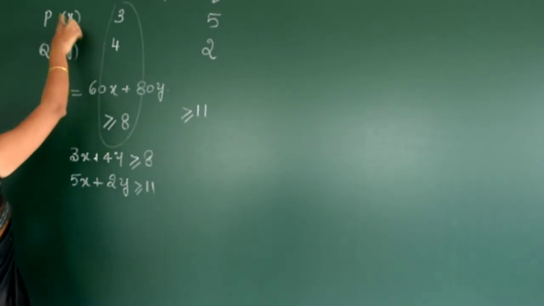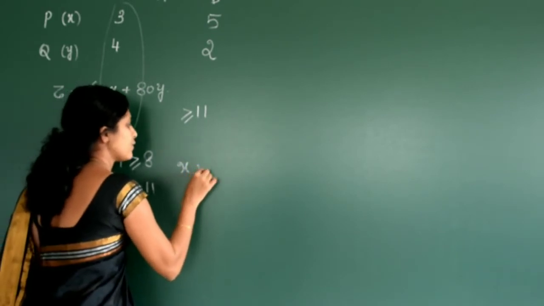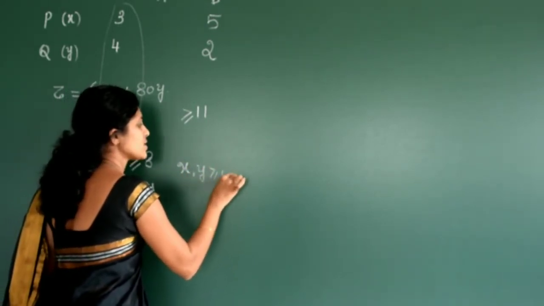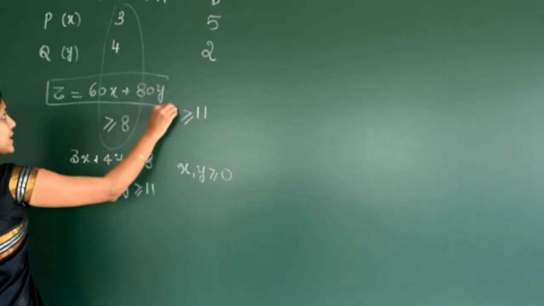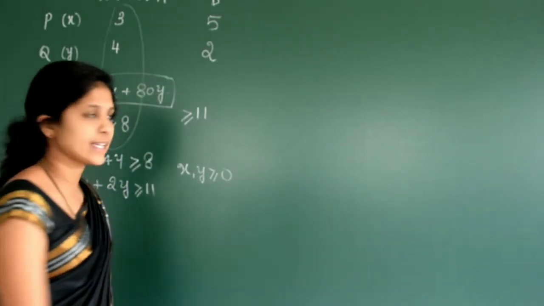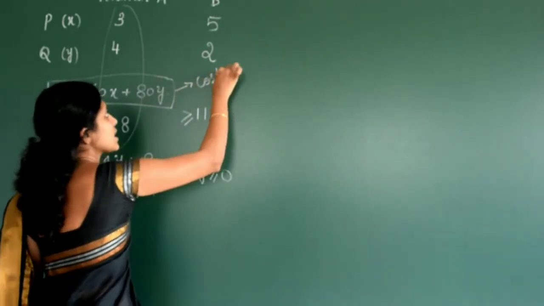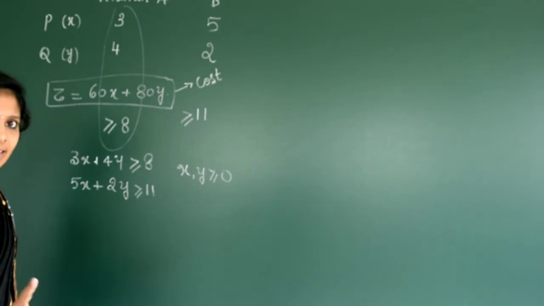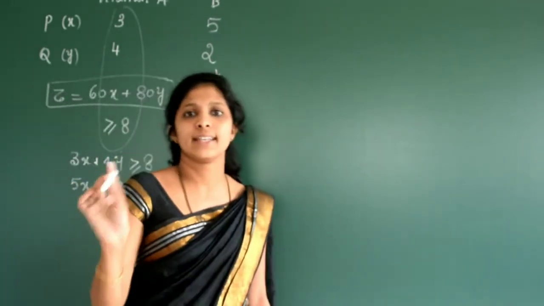Since x indicates food P and y indicates food Q, the values of x and y should be greater than or equal to 0. So we have the constraints and we have the objective function, z is equal to 60x plus 80y. So this is the cost. Remember, at least means always greater than or equal to. At most means always less than or equal to.